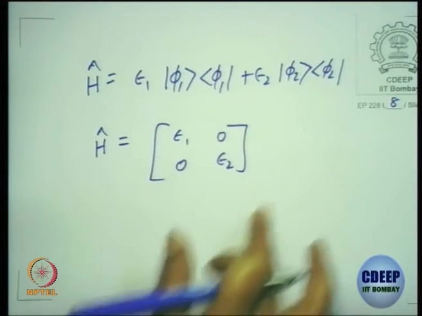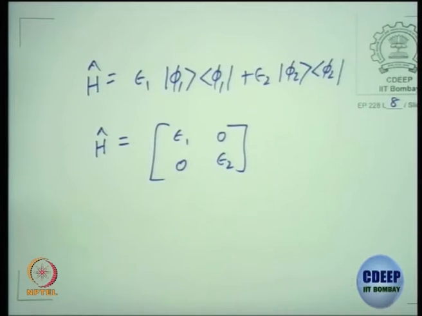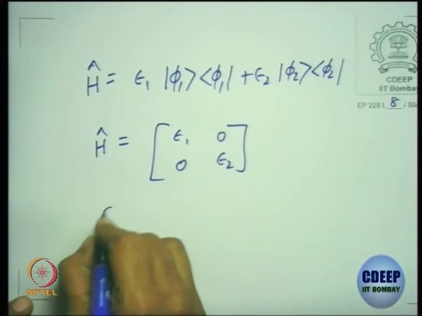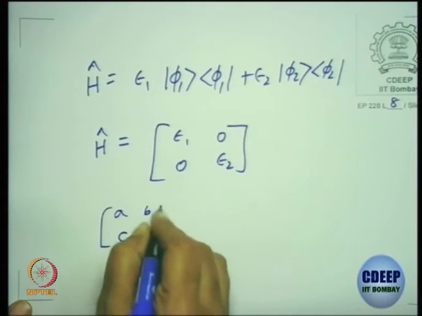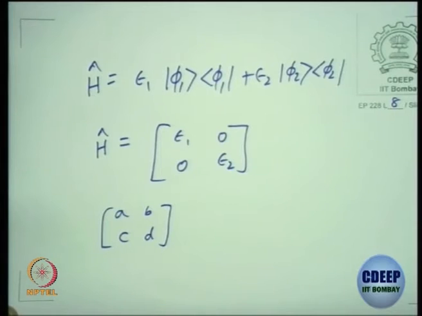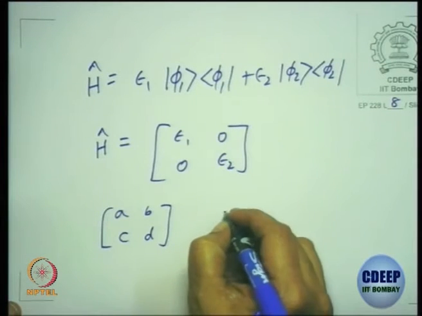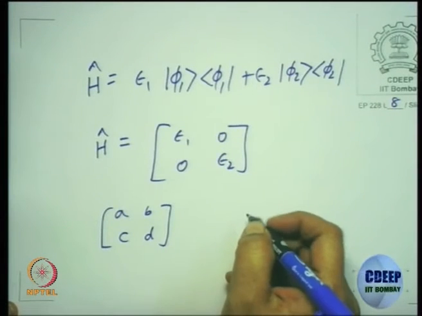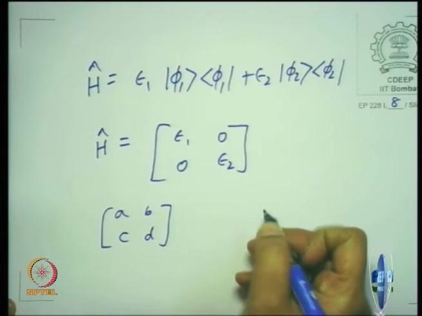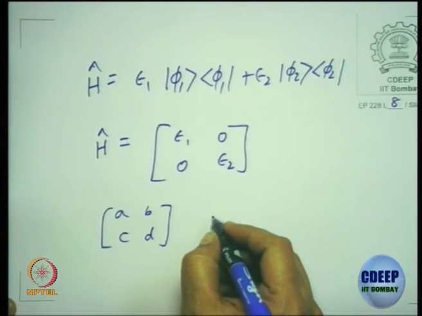But once you put it in this notation, finding the eigenvalues and eigenvectors, you have already done in your math course, right? Any 2 by 2 matrix, if I give you A, B, C, D, how do you find the eigenvalues? So, A minus lambda I, determinant of that equal to 0, you can find the eigenvalues from that, right?